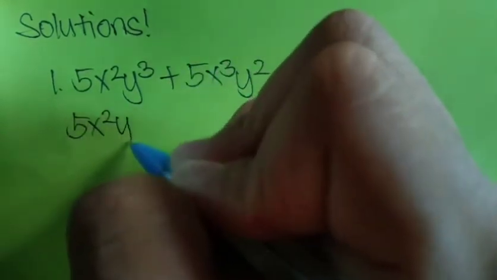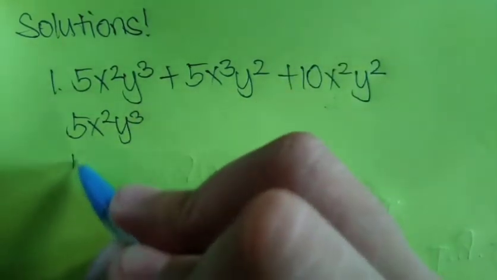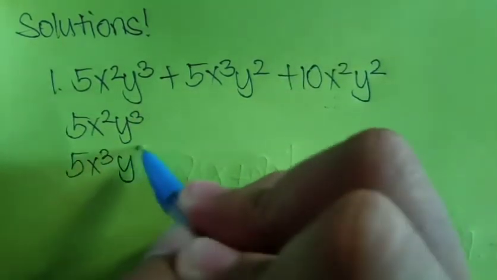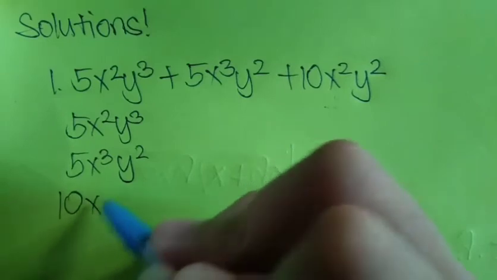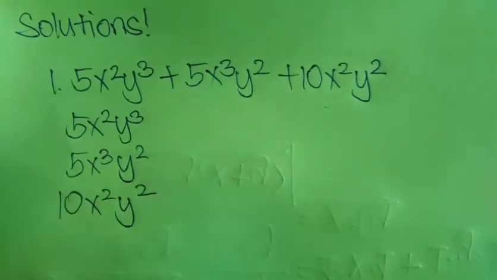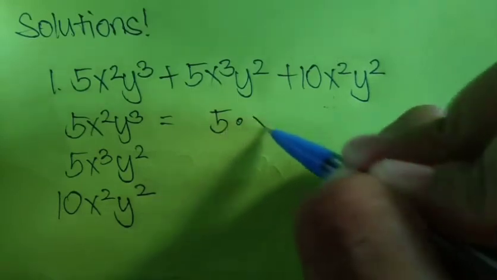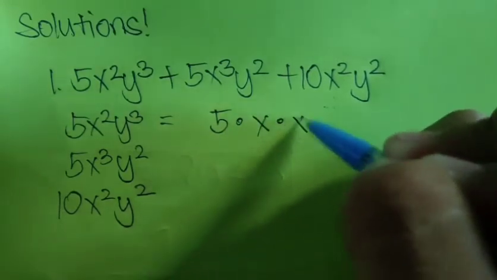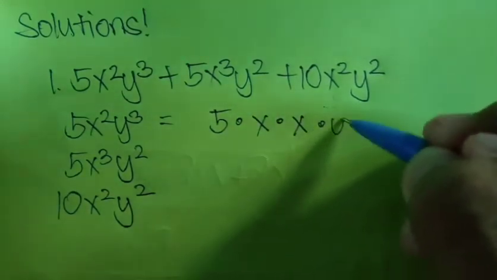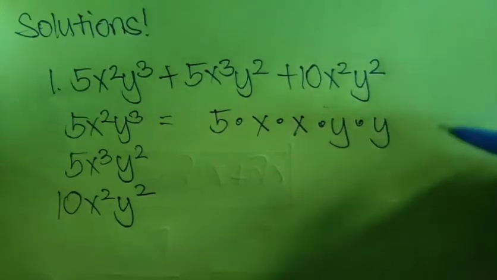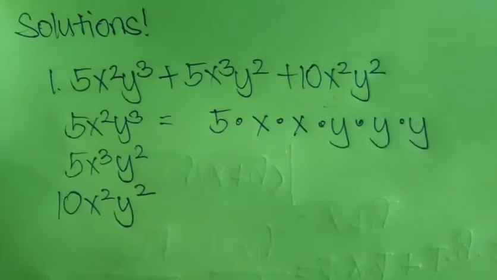5x squared y cubed, 5x cubed y squared, and 10x squared y squared. So we will factor each of them. We have 5 times x times x times y times y times y.